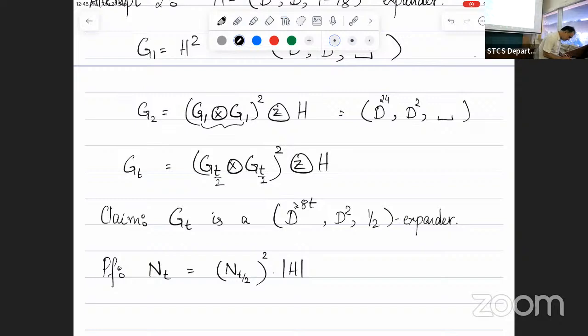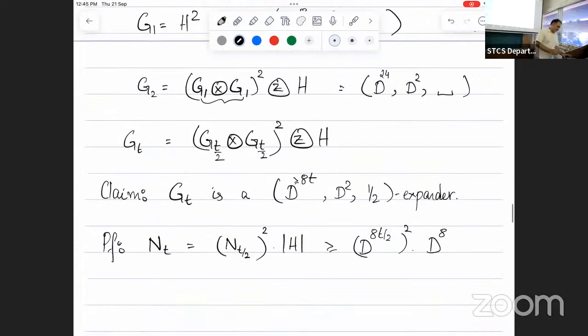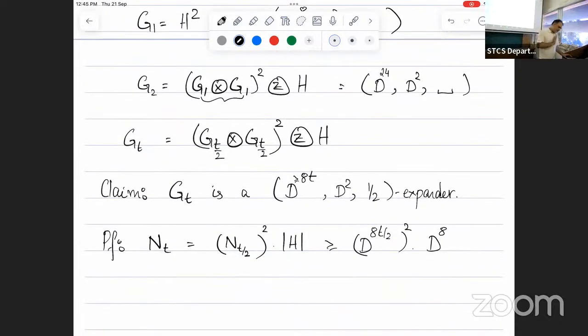So n_t is, I'm claiming, at least n_{t/2} the whole square times d power 8 or something. So every time it actually is going up by at least this much. The exact number of vertices I don't care about, as long as it's exponentially increasing with t. And the gamma calculation is exactly the same.